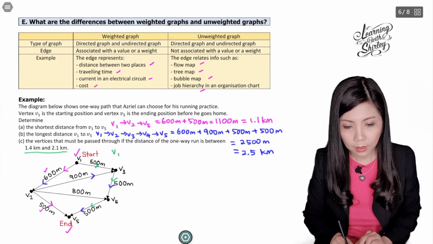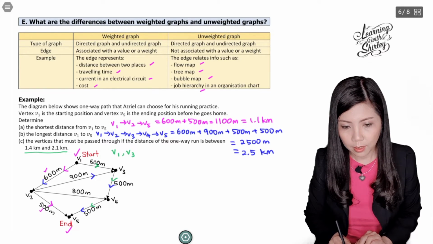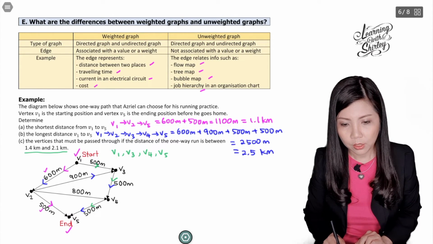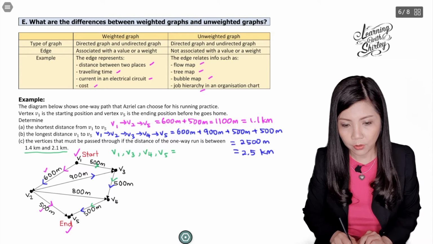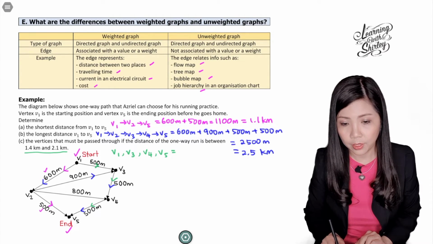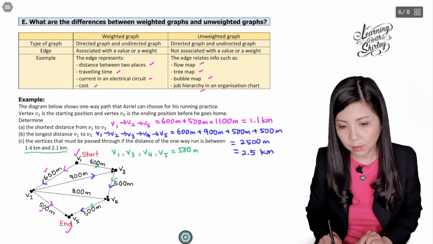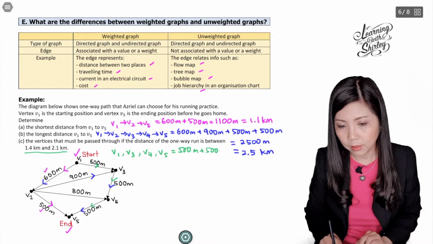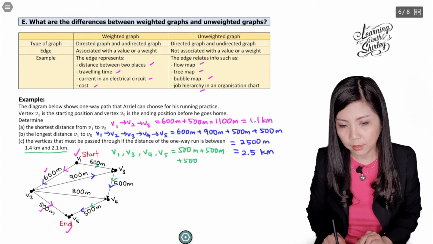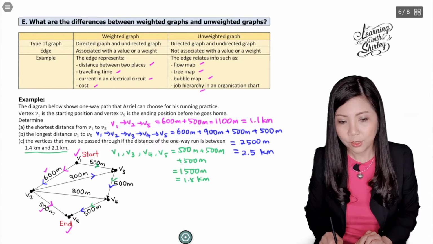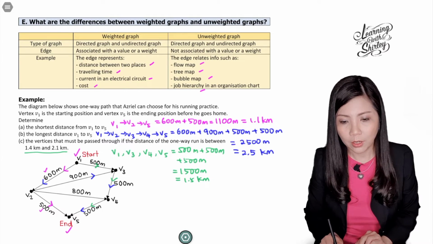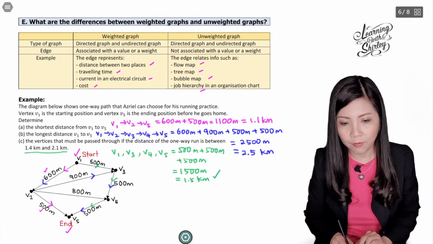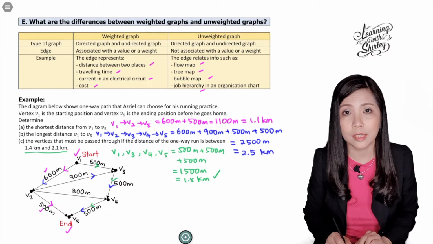So V1, V3, V4 and V5. When I add up, this is 500, 500, 500 plus 500 meters, which is 1,500 meters, and is 1.5 kilometers. So this is between 1.4 and 2.1. So this is the answer, and V1, V3, V4, V5 are the vertices.